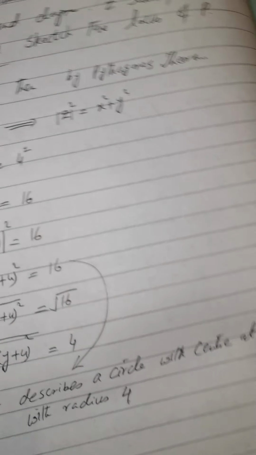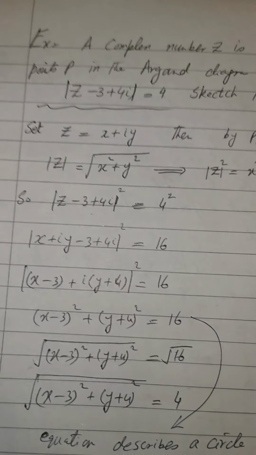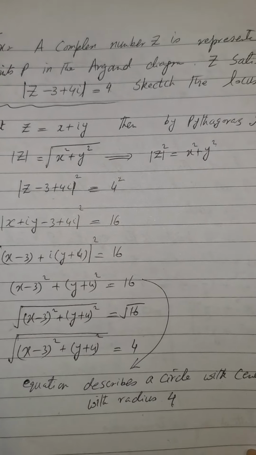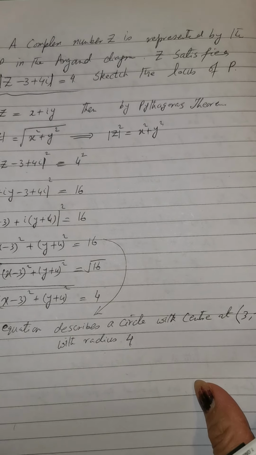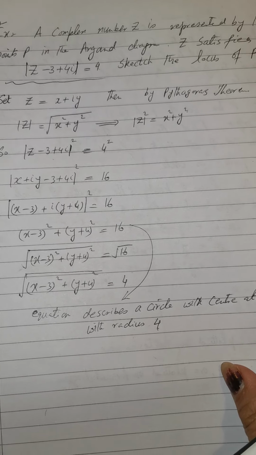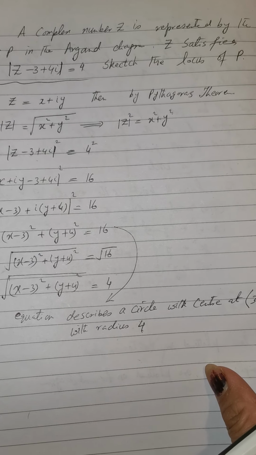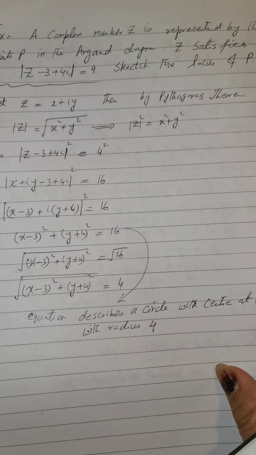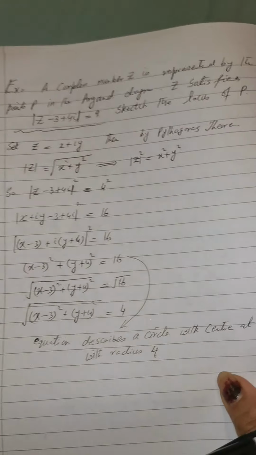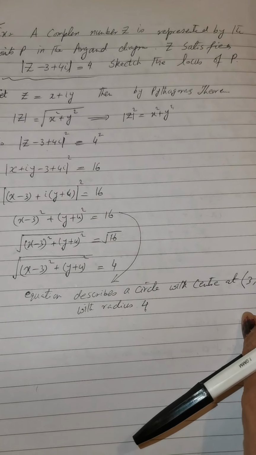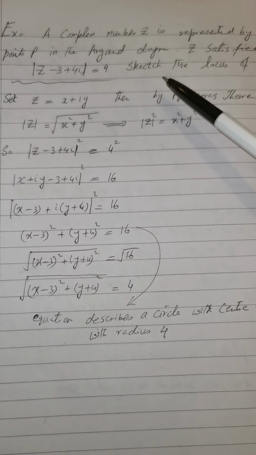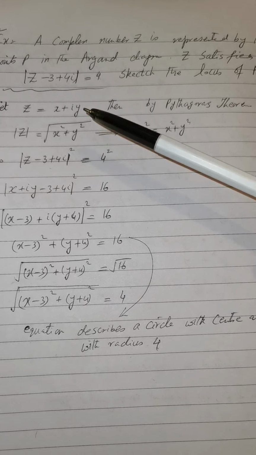Now in this question, they will say a complex number z is represented by the point P in the Argand diagram, and z satisfies this equation. Sketch the locus of the point. So how can we sketch the locus of those points in the Argand diagram?